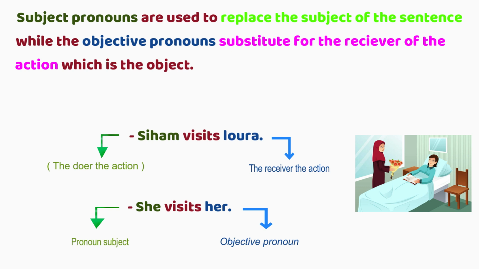So we replace the doer of the action with the subject pronoun, which is she, and replace the receiver of the action, which is Laura, with the object pronoun, which is her. Our lesson of today is over.